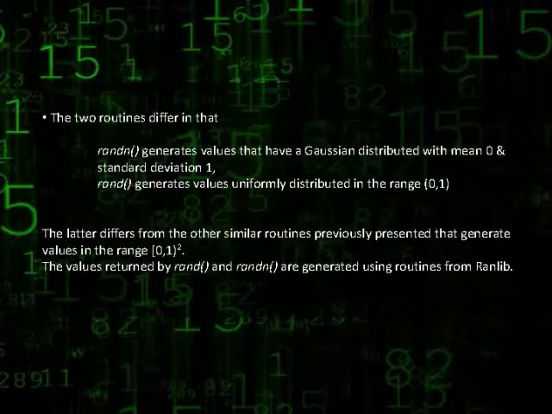The values generated by rand and randn are generated using routines from RANDLIB, a library of C and Fortran routines for generating pseudo-random numbers. The package is maintained by Barry Brown of the Department of Biostatistics and Applied Mathematics at the University of Texas MD Anderson Cancer Center, and can be downloaded from the department's software repository.